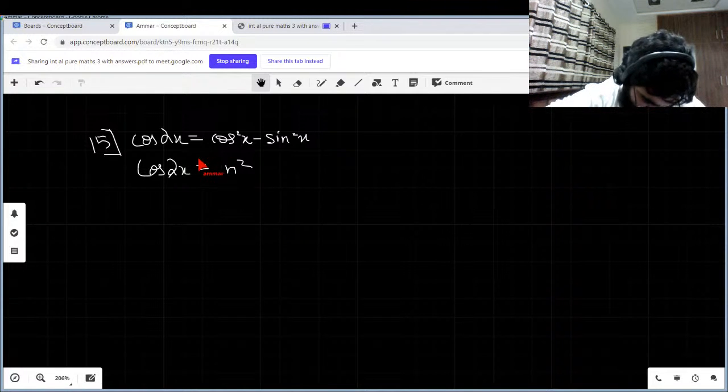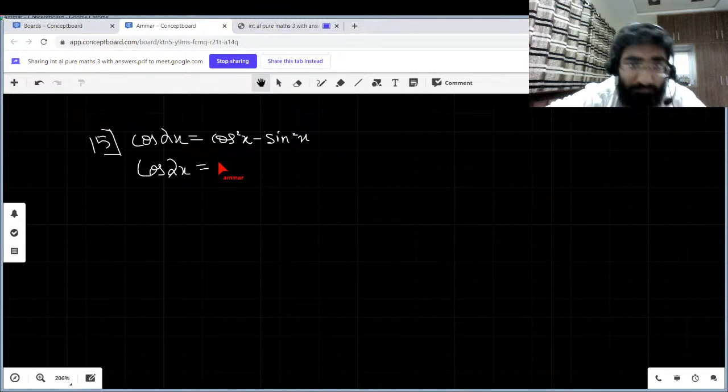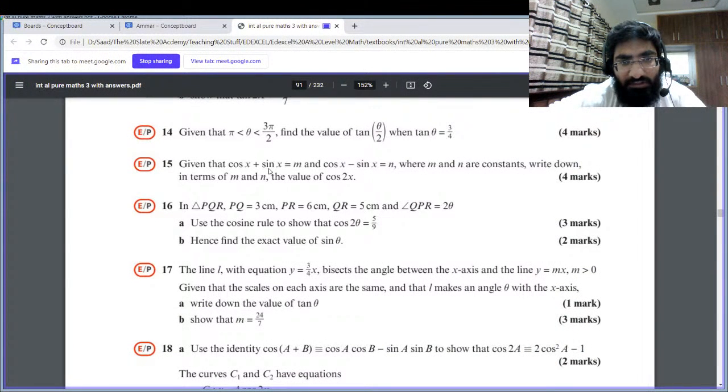Okay, I don't know what I'm doing. Multiply the two equations. Is it 2x? What did I write? Is it n squared? Multiply the two equations. Which two? The two given: cos x plus sin x is equal to m, and the other equation cos x minus sin x is equal to n.